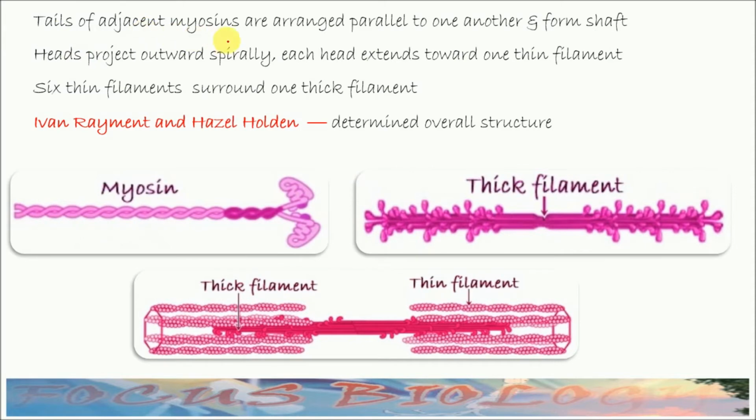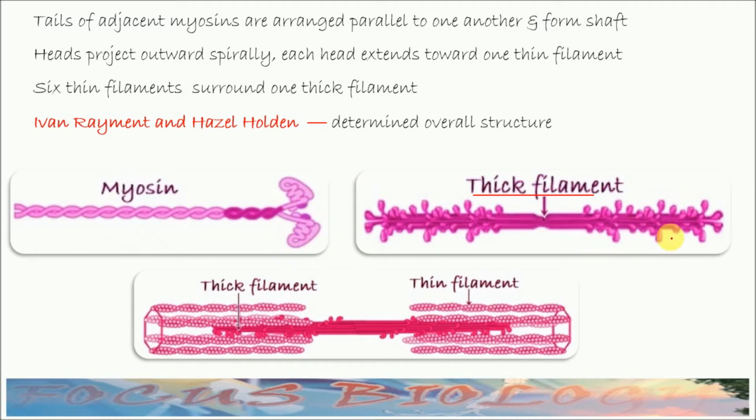tails of adjacent myosins. Here this one is the tail. Tails of adjacent myosins are arranged parallel to one another and they will form the shaft. Here this one is the shaft of the thick filament. These are the heads or S1 subfragments, right?